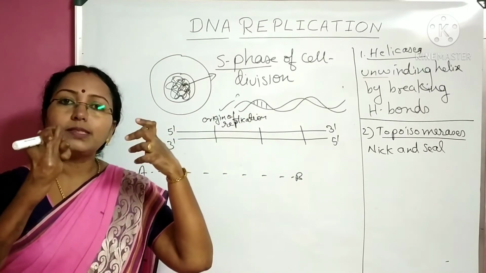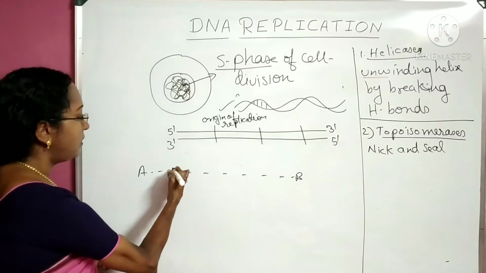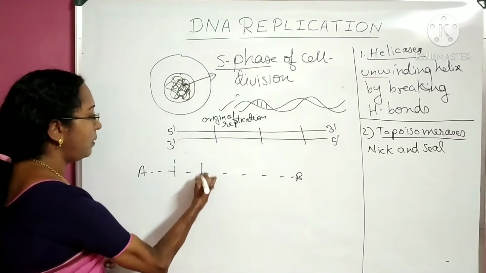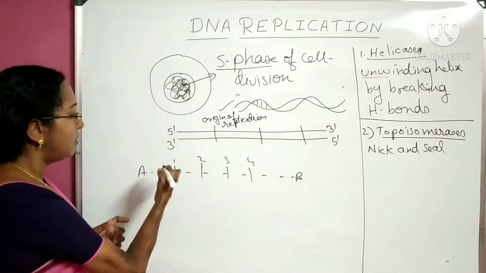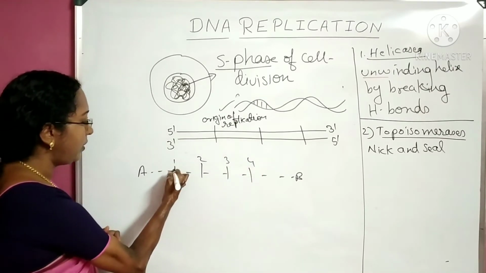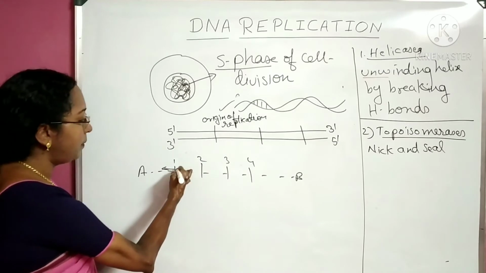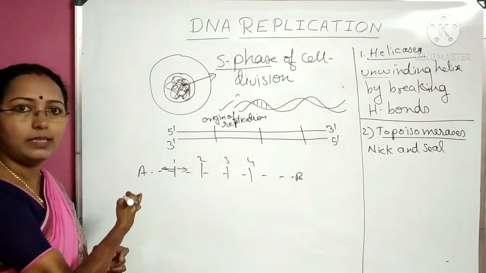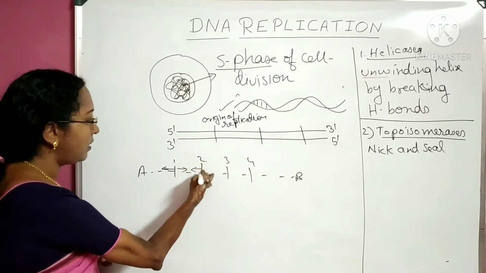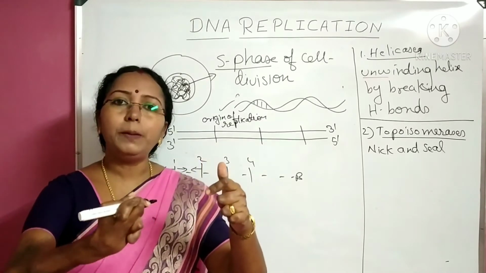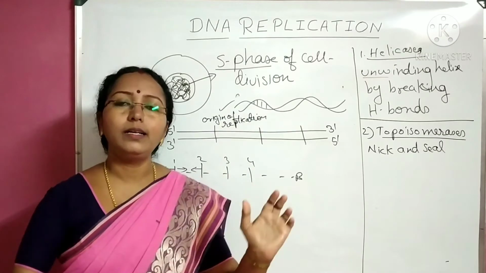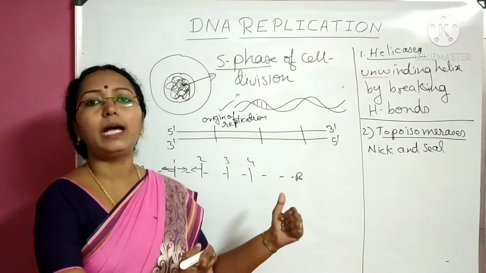So if you recruit some 10 people, what will happen? Say one person is here, second person is here, third person here, fourth here, fifth here, likewise. So this first person will start building the wall this side. Another person from here will start building the wall the other side. So if you recruit more and more people, the building of the wall will be done at a faster rate. Same thing is happening here.